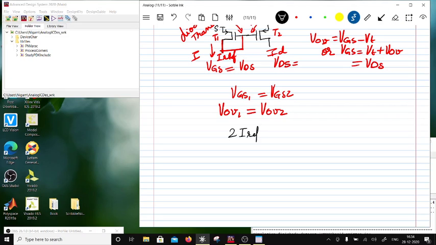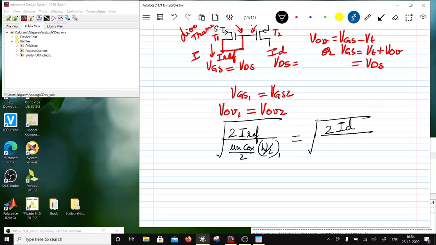the square root of twice IREF divided by mu n COX by 2 W by L1 would be equal to the square root of twice ID divided by mu n COX by 2 W by L2.